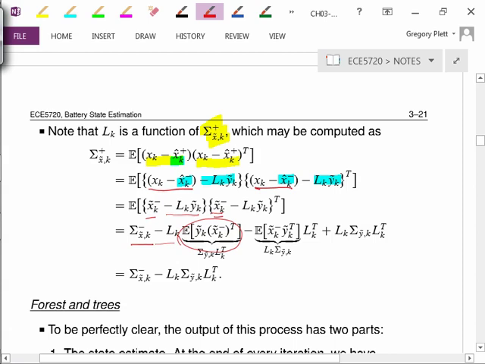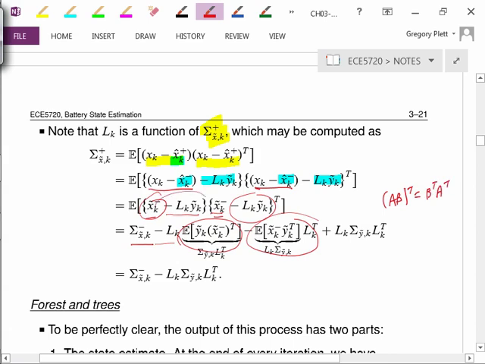And then I've got the expected value of x tilde minus times minus L y tilde, and the transpose of all of that, so that comes out here, remembering that (AB) transpose equals B transpose A transpose.